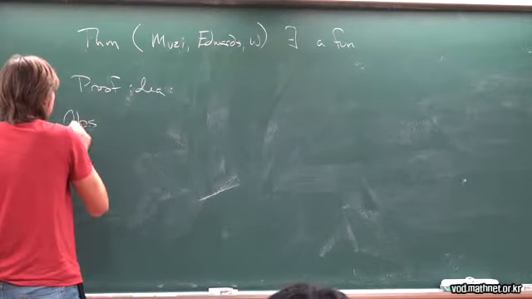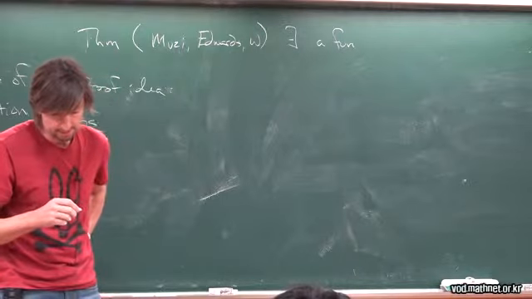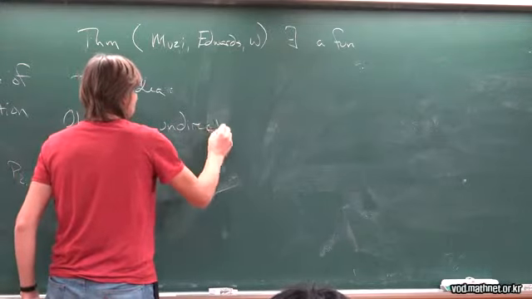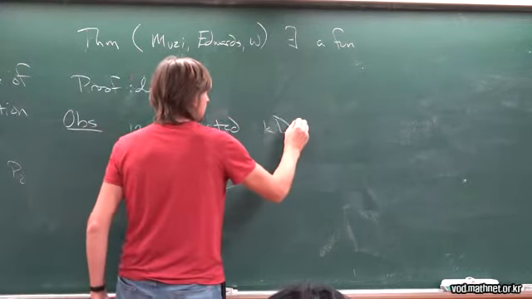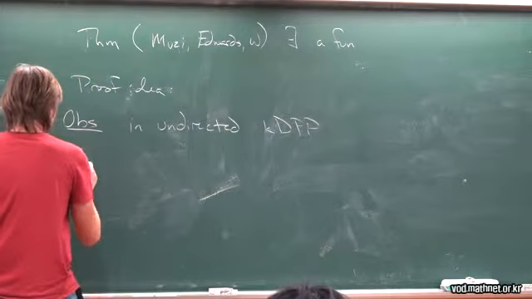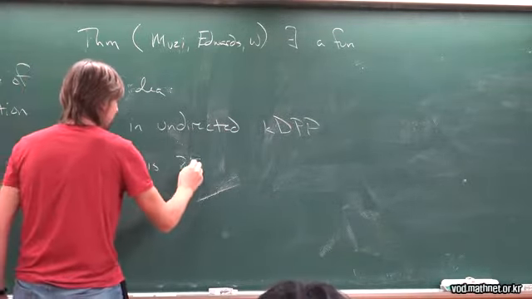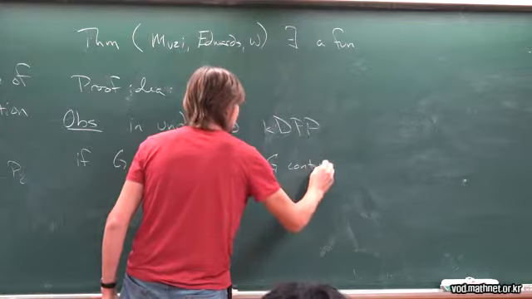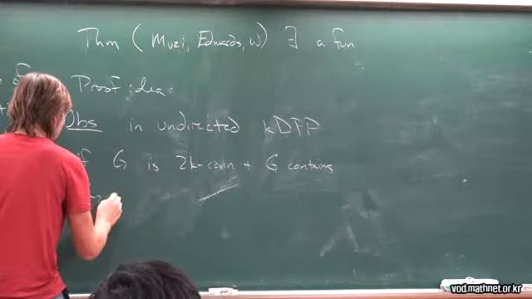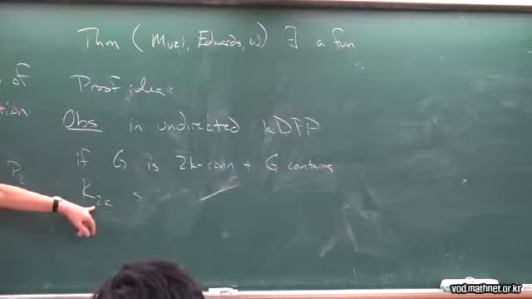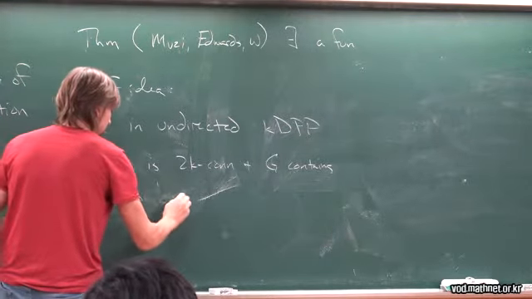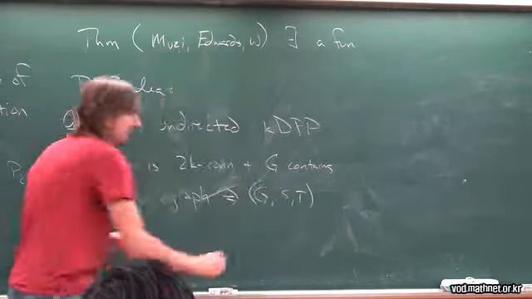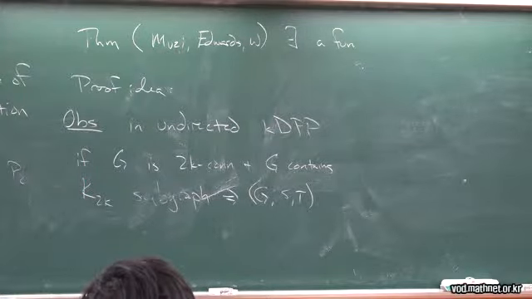So observation, which is that in the undirected k-DPP, if G is 2k connected and G contains, say, a K_2k subgraph, so a clique on 2k vertices as a subgraph, then any k disjoint paths problem is going to be feasible.